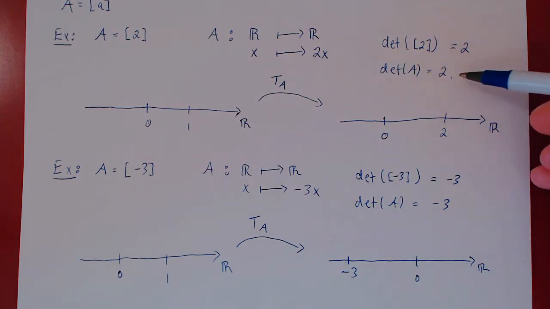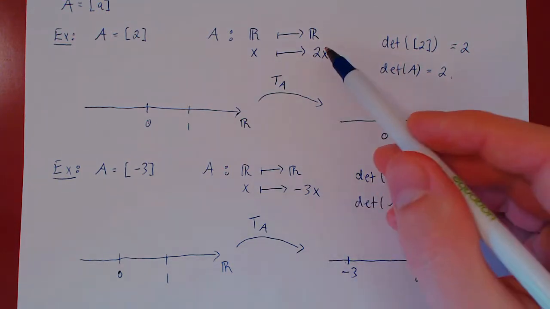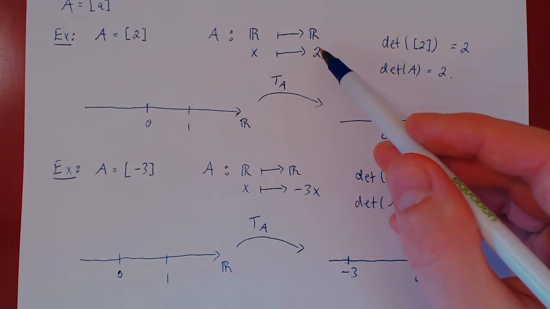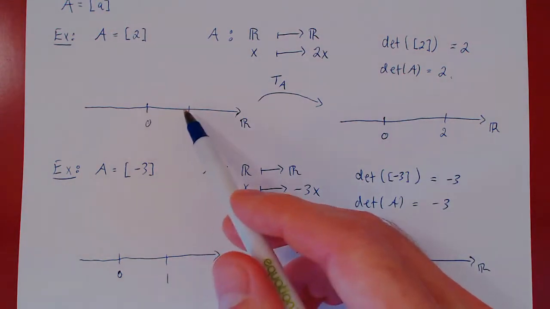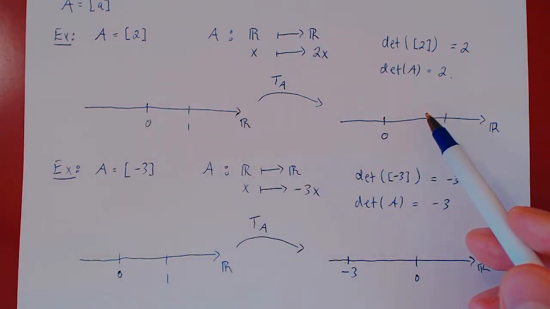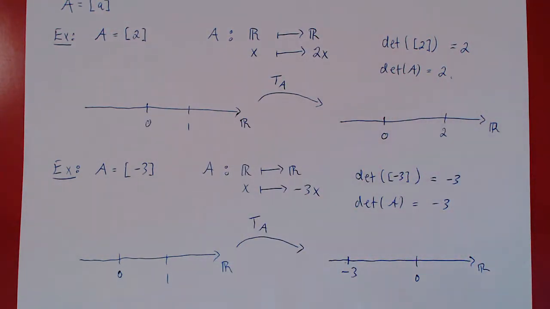In absolute value, it tells you by how much you're stretching or compressing length, right? If the number here would have been 1/2, then you would have gone from 0 to 1 to 0 to 1/2. Then the length would have been shrunk by a factor of 2. If the number is negative, you have one additional piece of information.